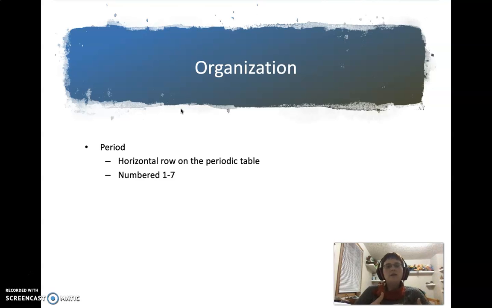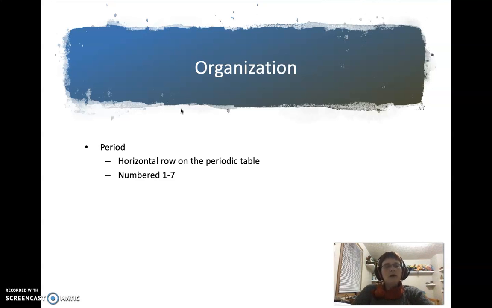As far as terms for the periodic table that I'm going to start using, and you'll see in different places, there's period, and this is the periodic part of the periodic table. Periods are the horizontal rows on the periodic table. They are numbered 1 through 7.